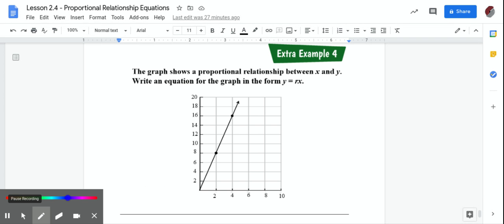You try. The graph shows a proportional relationship between x and y. Write an equation for the graph in the form of y equals rx. Now you can pick any point. You can pick either of these points for sure. I would recommend picking this point if it was me, and I'm going to write that as my x is 2 and my y value is 8.